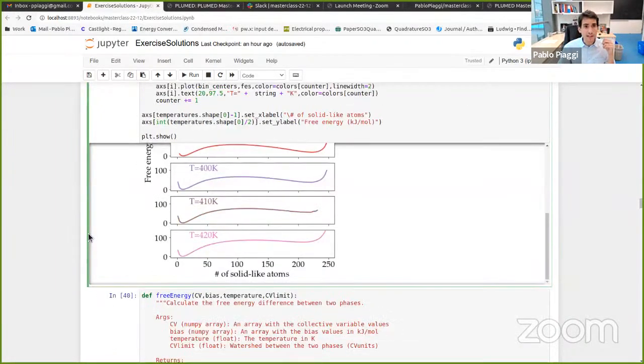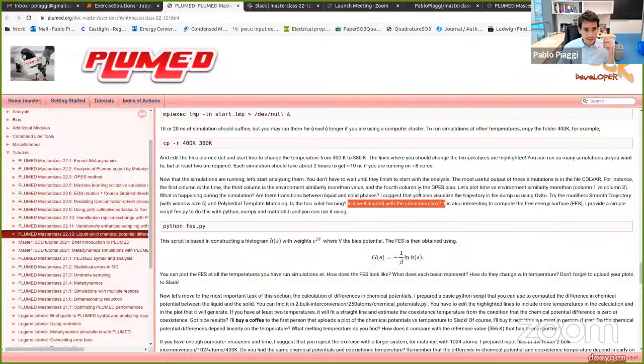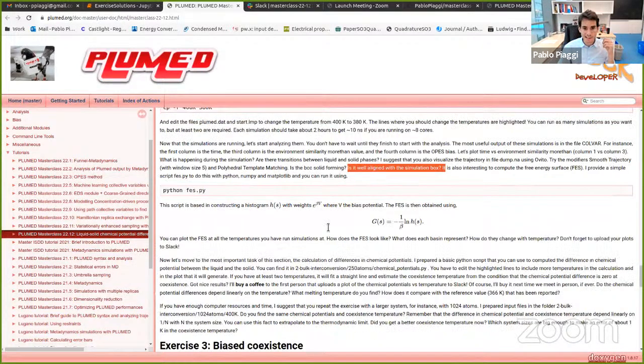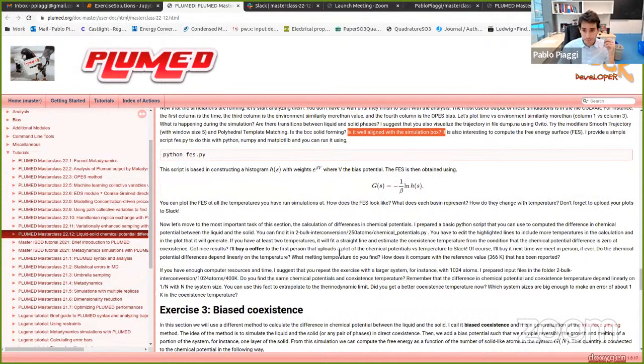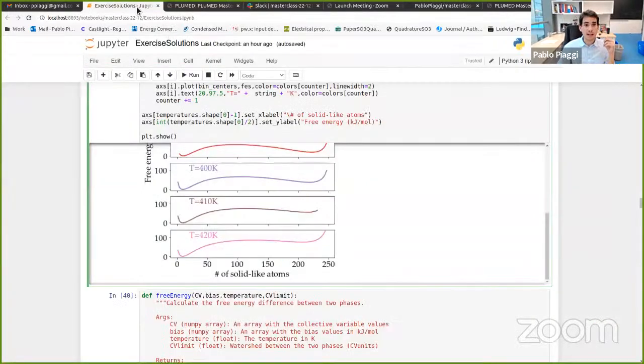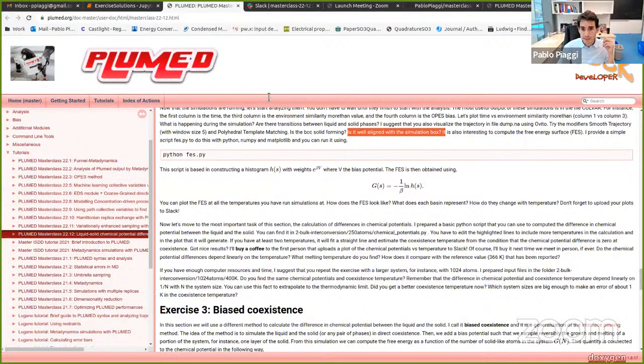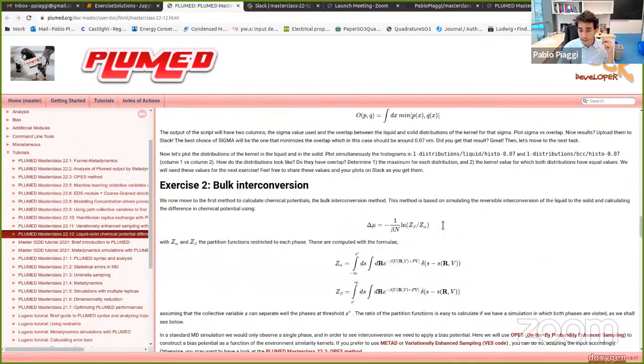Okay, so the next task is to calculate the actual chemical potentials. And this is calculated as I showed initially. So I'll put the equation on the screen again. Using this equation, the partition functions are just a sum over the weights that we have in the simulation, restricted to each phase.